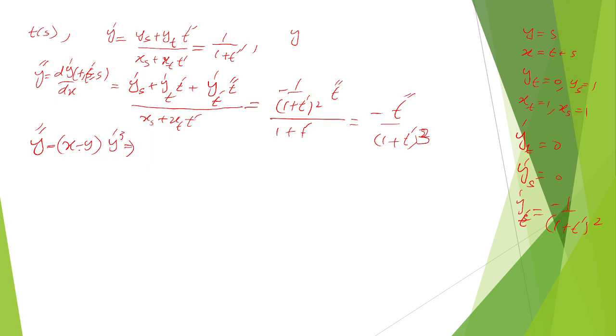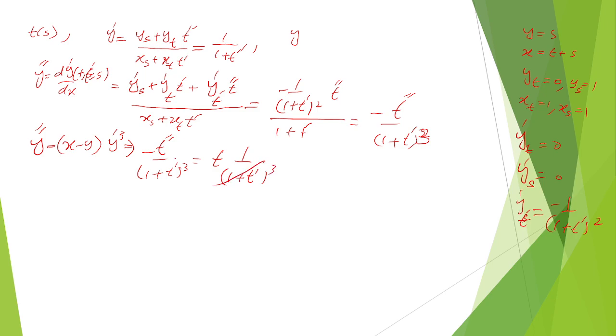So this implies y double dash is minus t double dash over 1 plus t dash cube is equal to x minus y, that is t, and y dash is this, so that is 1 over 1 plus t dash cube.